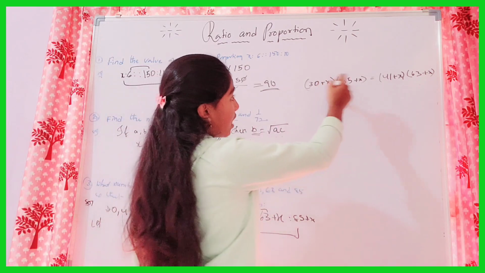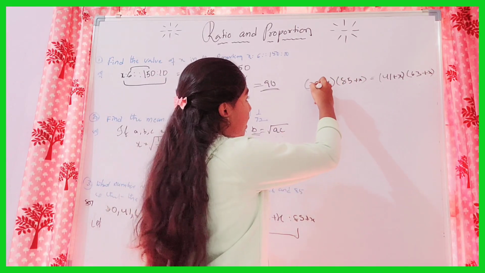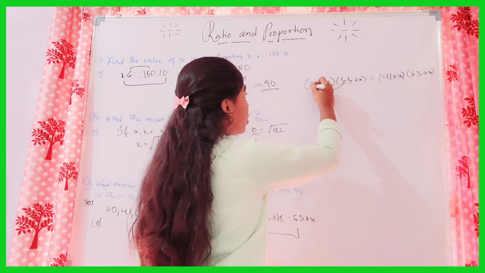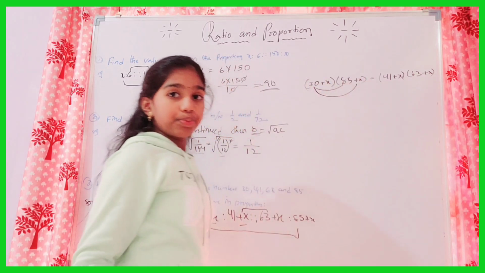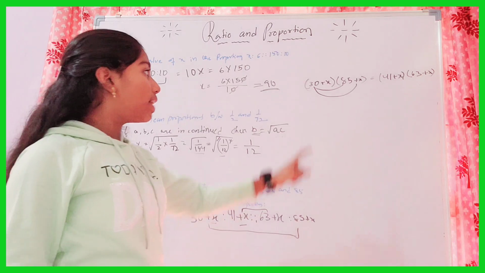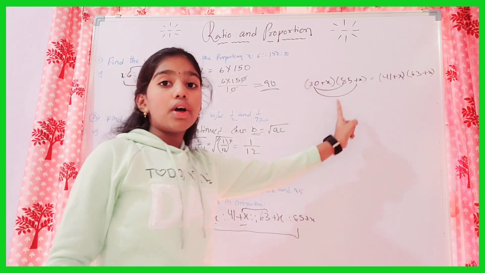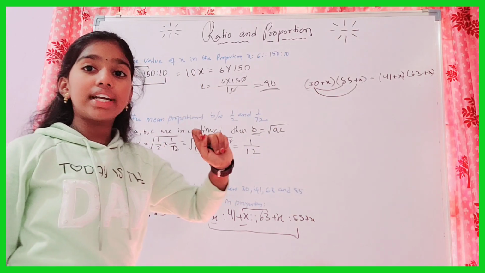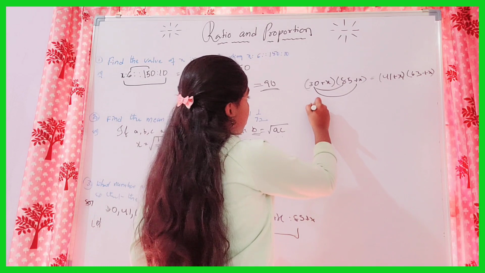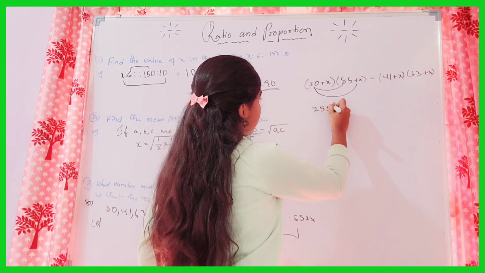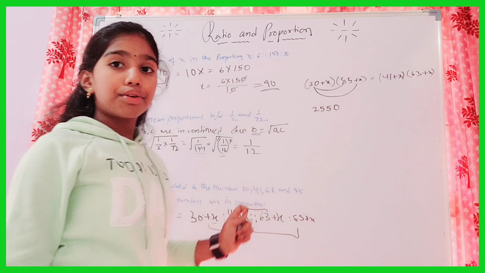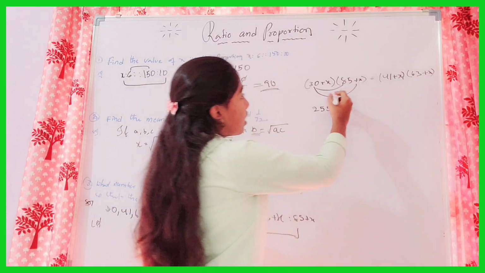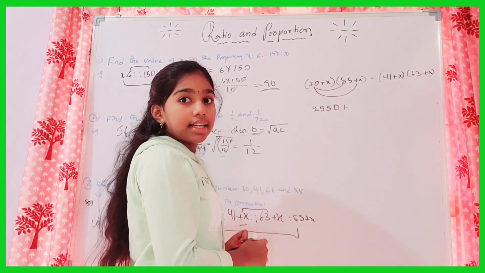So 30 is multiplying 85 and also x. 30 into 85 is 2550. Then plus 30 into x, that is 30x.